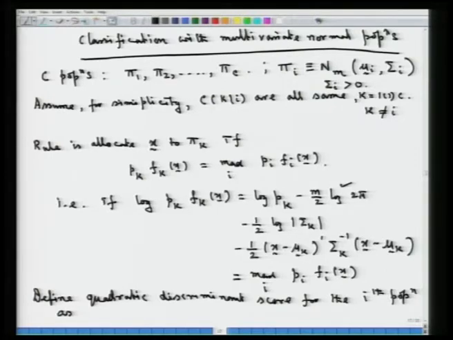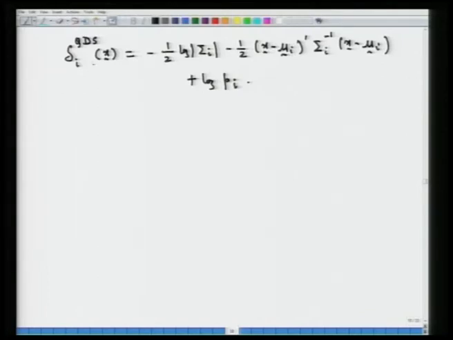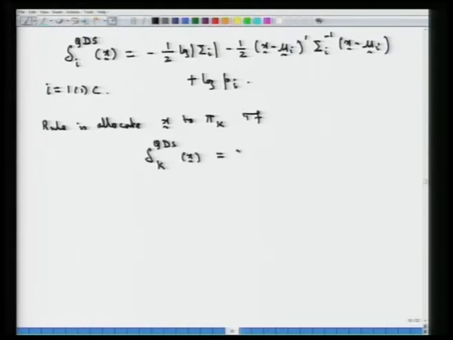Hence what matters when we look at the maximum of the p_i f_i(x) is the quantity comprising the remaining terms. So, for i equal to 1 up to c, the rule is to allocate x to pi k if the quadratic discriminant score delta_k(x) is the maximum over i of the delta_i scores.